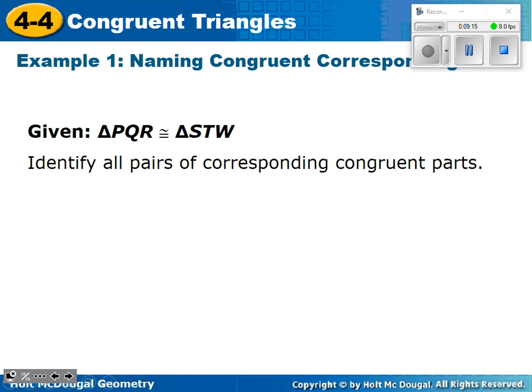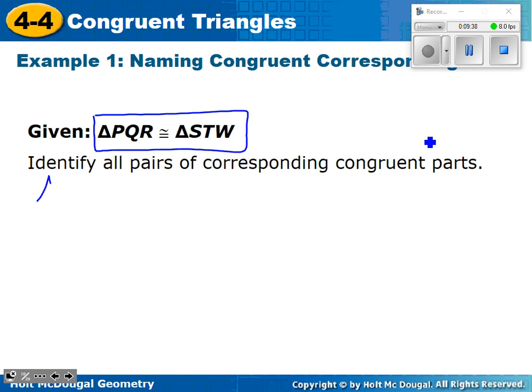Okay, so here's the first kind of example that is not a proof. It simply says, identify all pairs of corresponding congruent parts. And they give you a congruence statement. So you are just simply going to list the angles and the sides that are congruent. Some of you may need to draw a picture. Some of you won't need to draw a picture. You can just look at the statement and list them all.